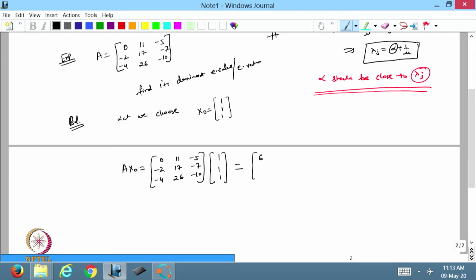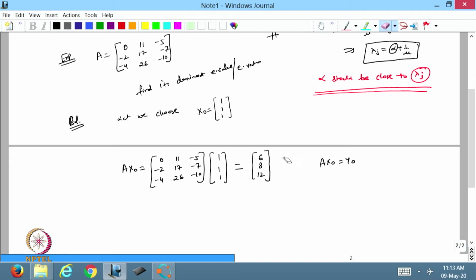Then minus 2 plus 17 minus 7, so it is 8. And minus 4 plus 26 minus 10, so it is 12. We know that A x naught is my y naught. So, this is y naught.